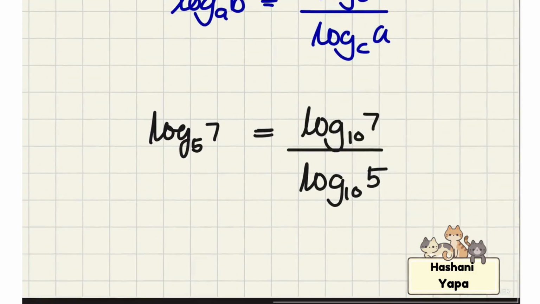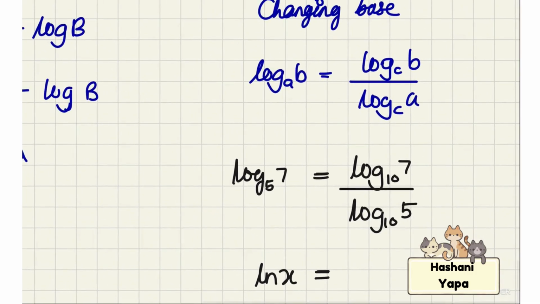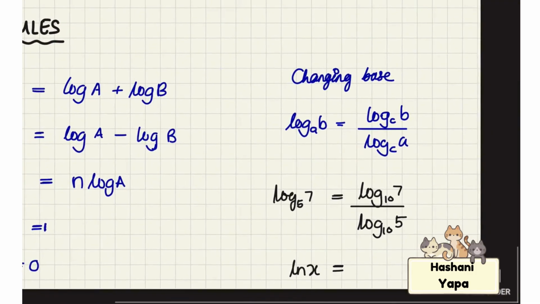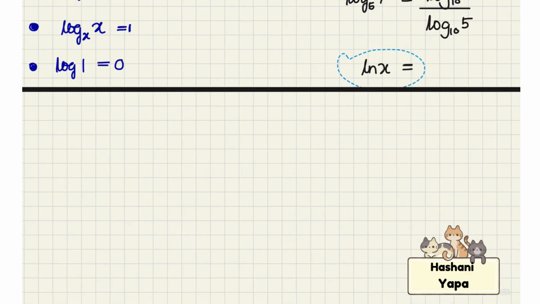Let's take ln x. If you have ln x, how can we write it? What is ln x in the first place? ln x means log_e x. Let me take a new page, I don't have space here.